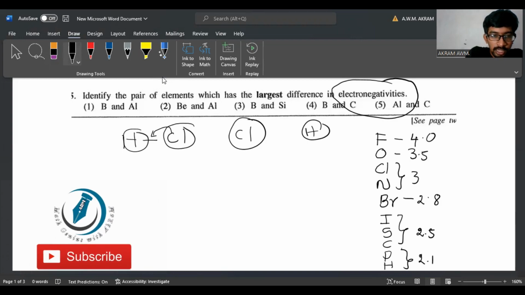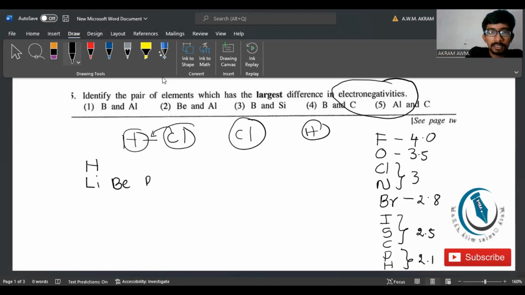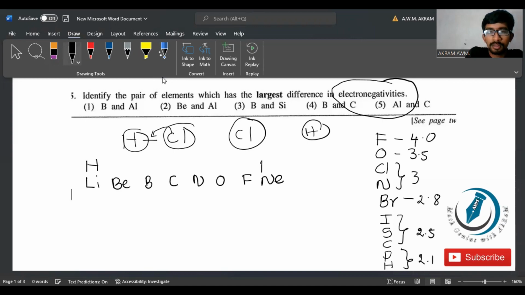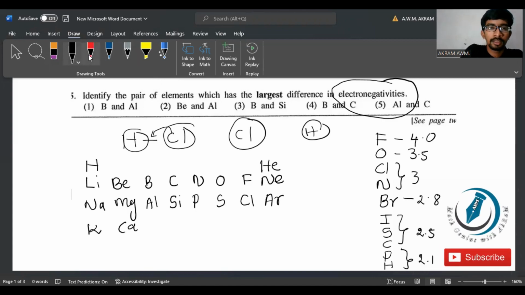Okay, so I am writing the periodic table here, along with the electronegativity values.